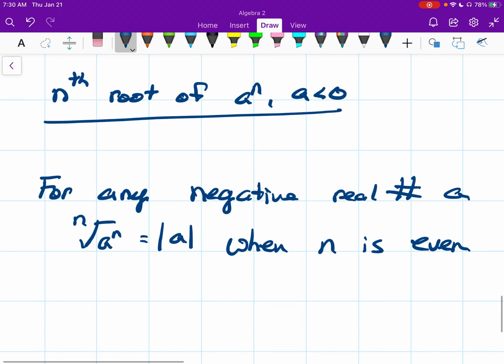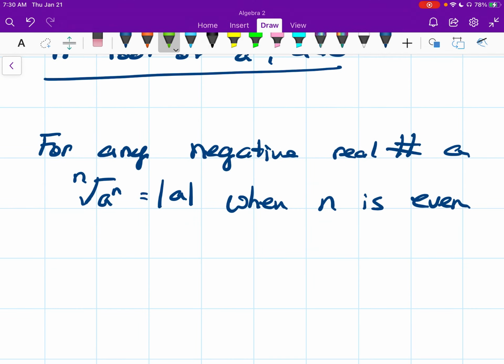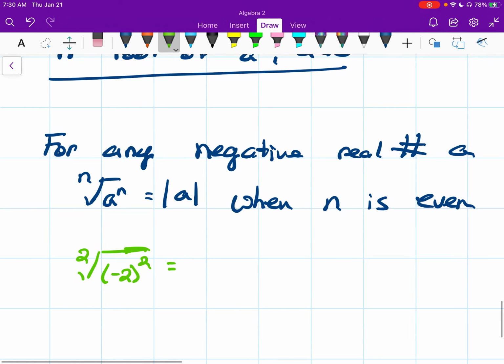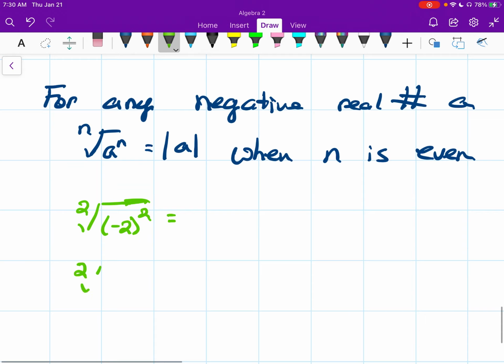Now that can be confusing sometimes. Why is it the absolute value, right? Why is it not just a? Well, here's the way that I like to think about this. If we have the square root of, we'll say, -2 squared, versus the square root of 2 squared, okay?